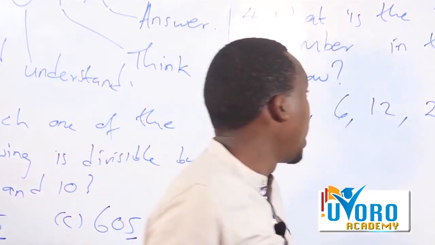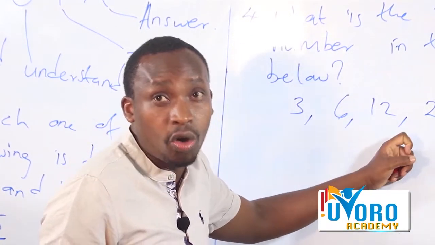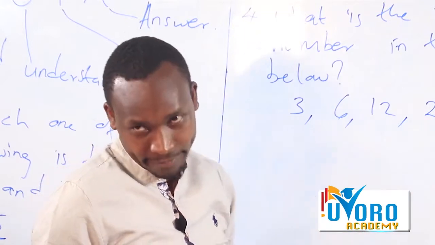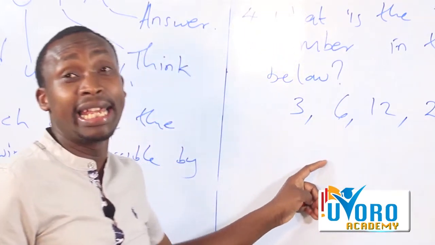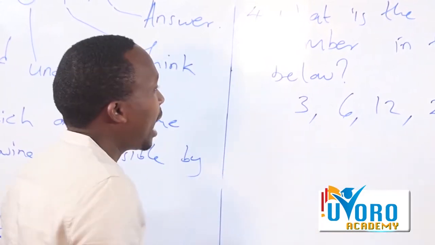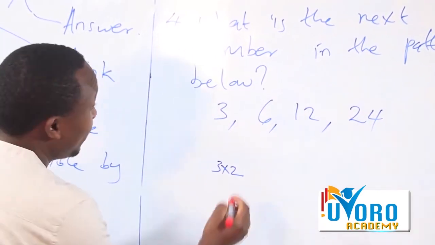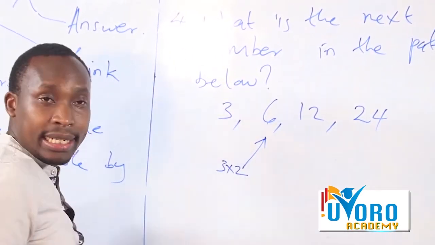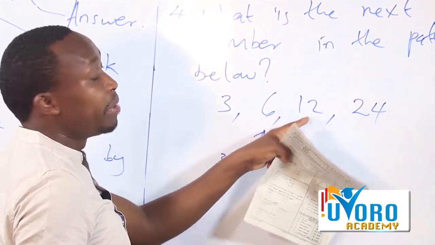I remind you, we can add, or we can subtract, or we can multiply, or we can also divide. So now, for our case here, they only have multiplied by 2. Now, 3 times 2 is going to give us 6. What have they done to 6 to become 12?